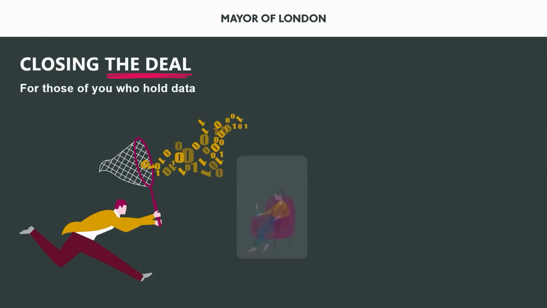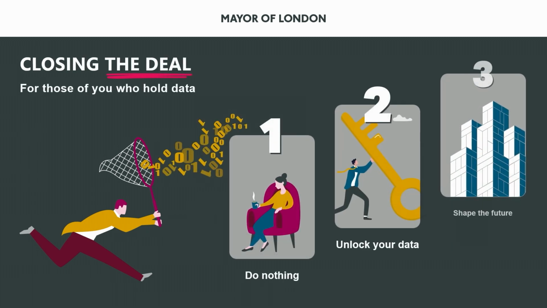So there's 2 points I want to land to close the deal with you guys. And the fact you're here probably means you're already part of the conversation. But for those of you who are data holders, I would say you've got 3 choices. You can choose to lock your data away and keep it to yourself. You won't get any of that real transformation we're talking about if you do that.